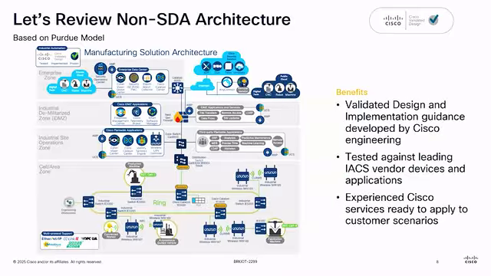So before we jump into how we can do SD Access for manufacturing, I wanted to review what we have for when we have a non-SD Access network. And for years, we have been recommending this architecture, which is proven and validated. It keeps working for most of our customers, and is based on the Purdue model of automation and control.